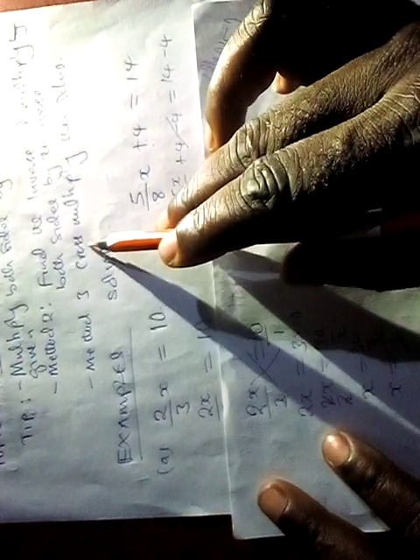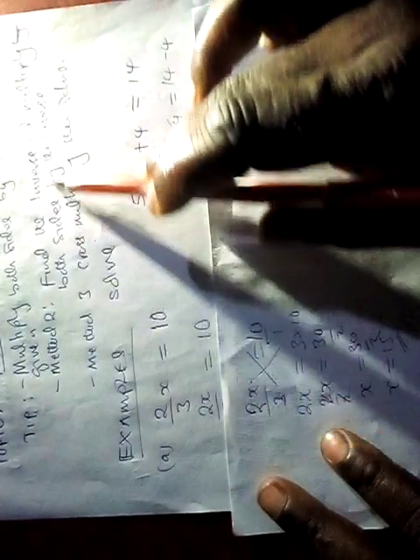The other method is method 3: find the inverse and multiply both sides. So here we have 2x over 3 is equal to 10.